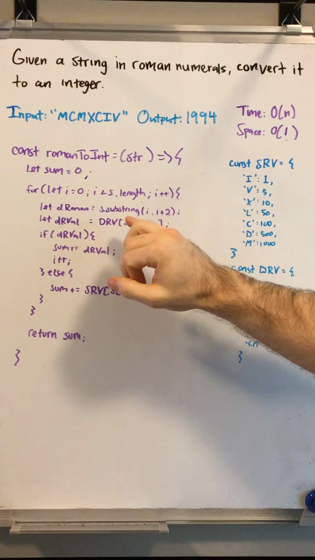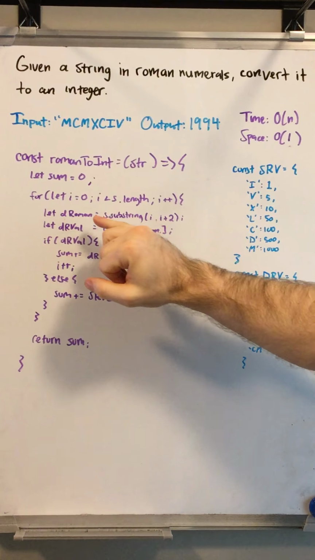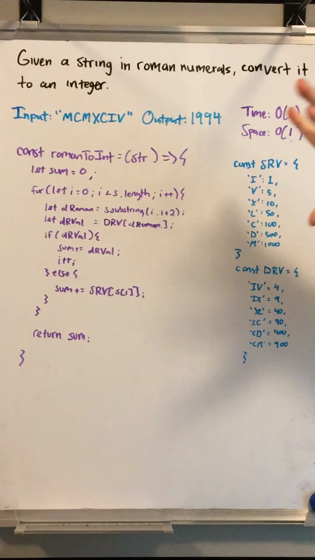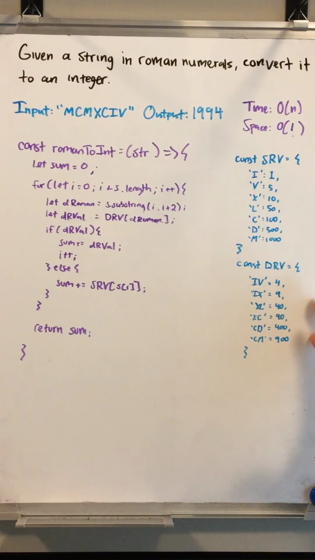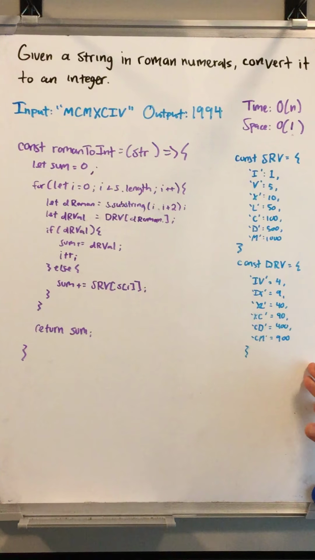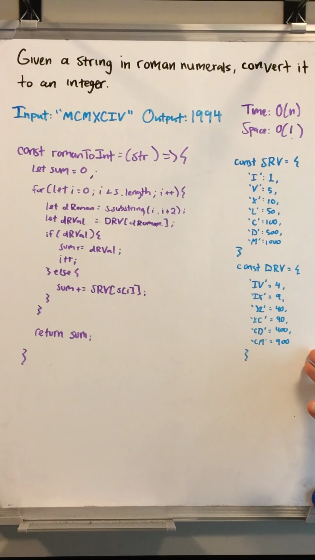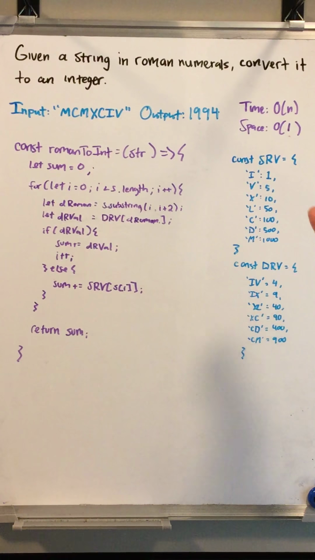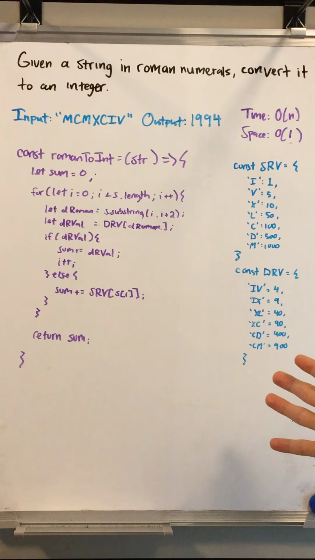We're going to use this variable D Roman to refer to the objects over on this right-hand side. This is going to be our lookup hash for each one of these Roman numerals.